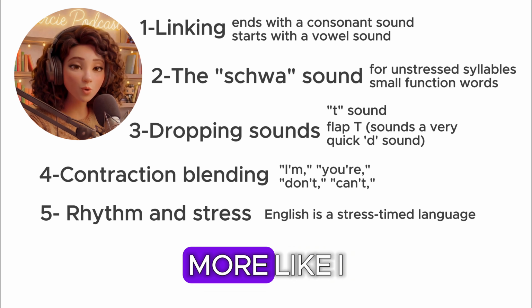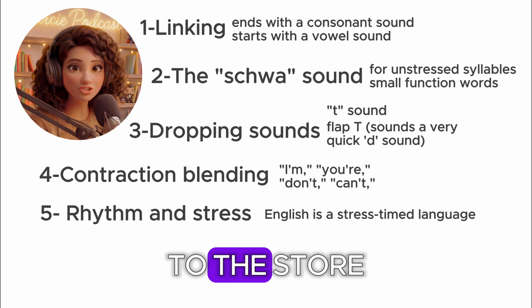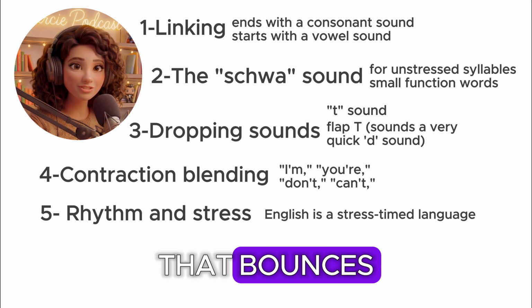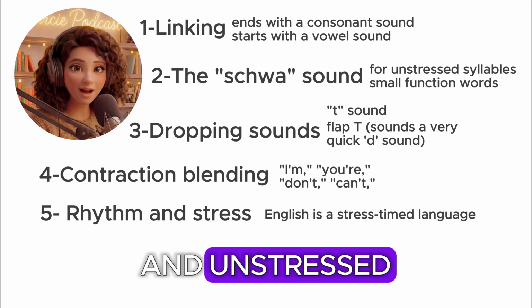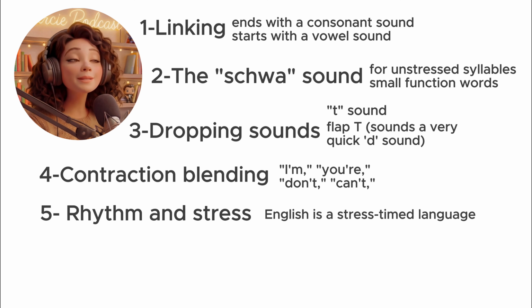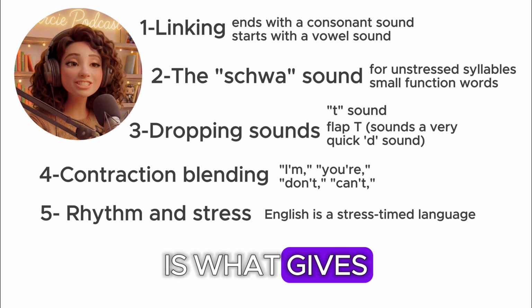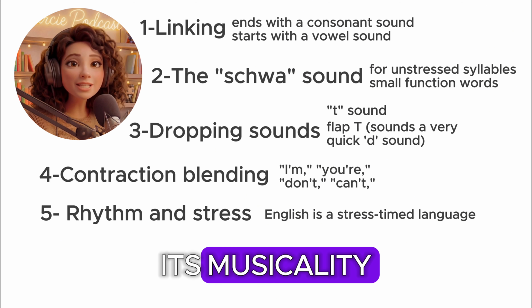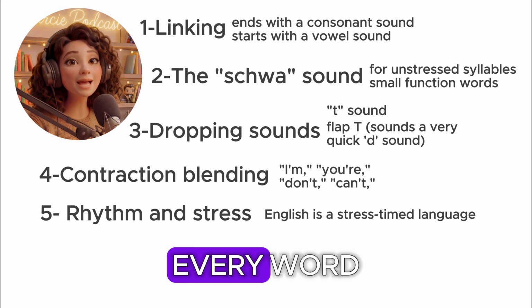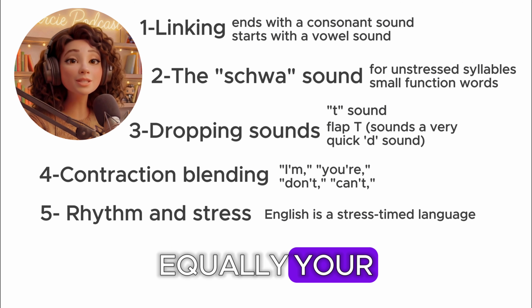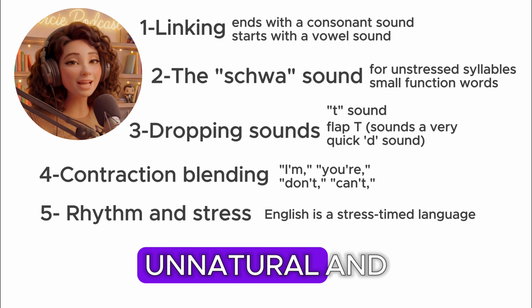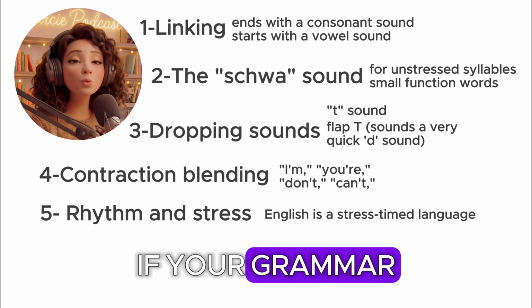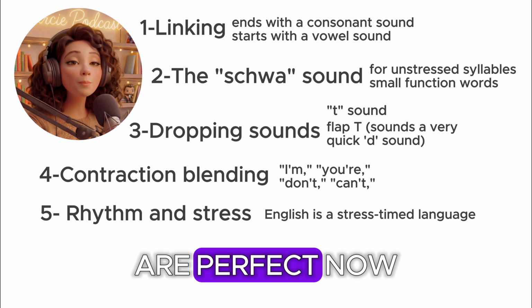So it sounds more like I went to the store to buy some bread, with a rhythm that bounces between stressed and unstressed syllables. This rhythm is what gives English its characteristic sound, its musicality. And if you stress every word equally, your speech will sound unnatural and be harder to understand, even if your grammar and vocabulary are perfect.